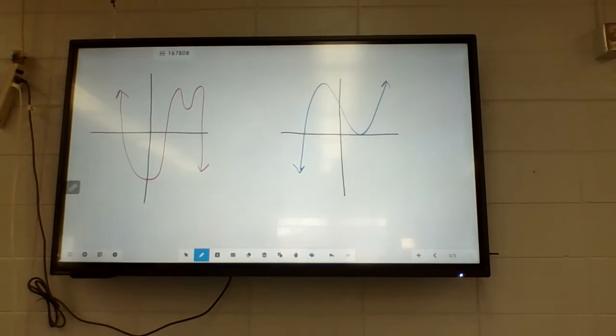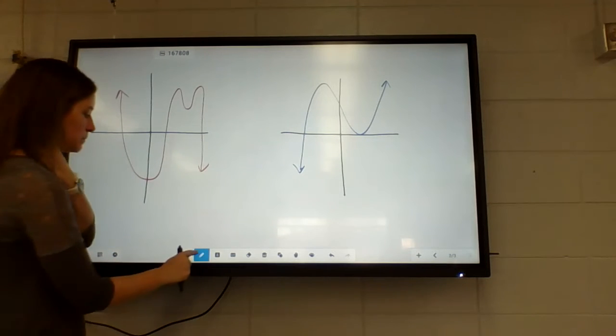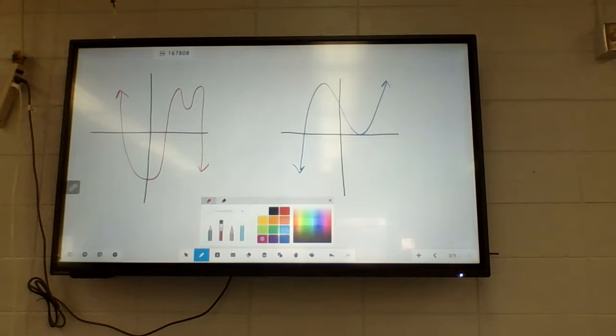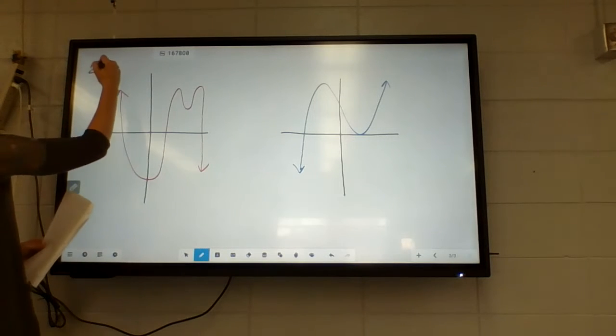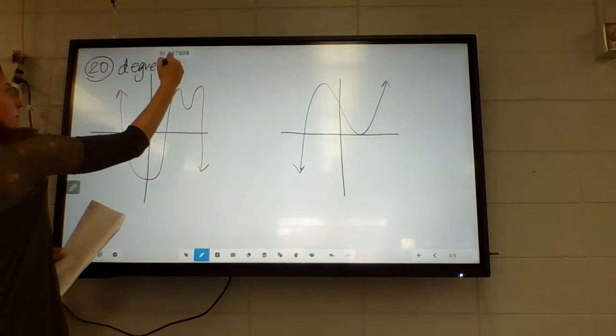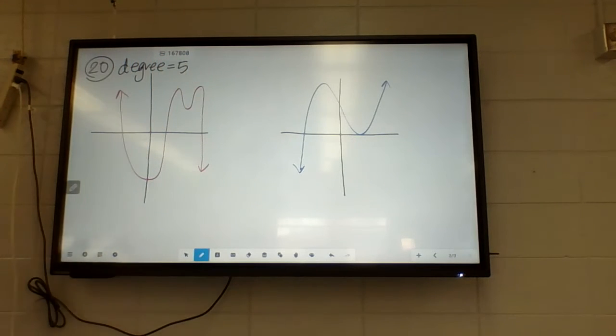So we're not worried about highs or lows in this case. We're just worried about the zeros and where they cross the x-axis. So in this first one, number 20, they tell us degree of 5. That means there's 5 real or imaginary zeros.